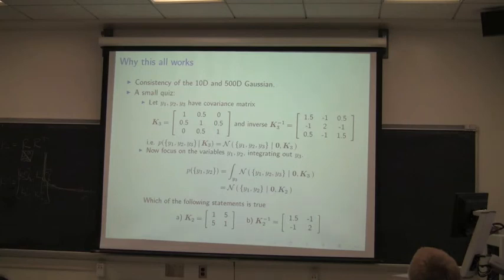Or how do we get to the two-dimensional covariance matrix? A or B, which one is true? If we start out with the 500-dimensional Gaussian, and we are only interested in the covariance matrix of the 10-dimensional Gaussian, can we read it off the 500D Gaussian? That's the question.